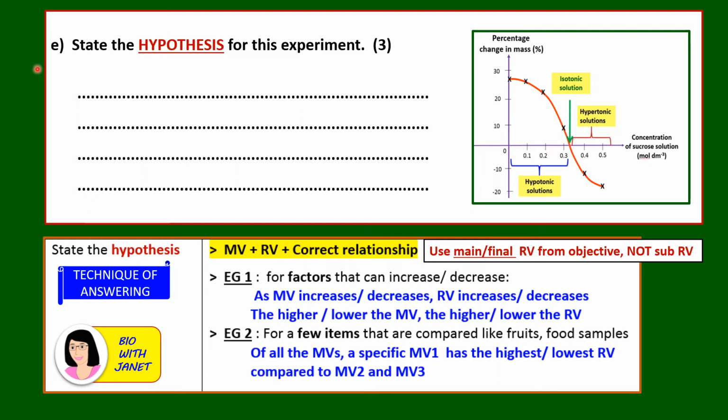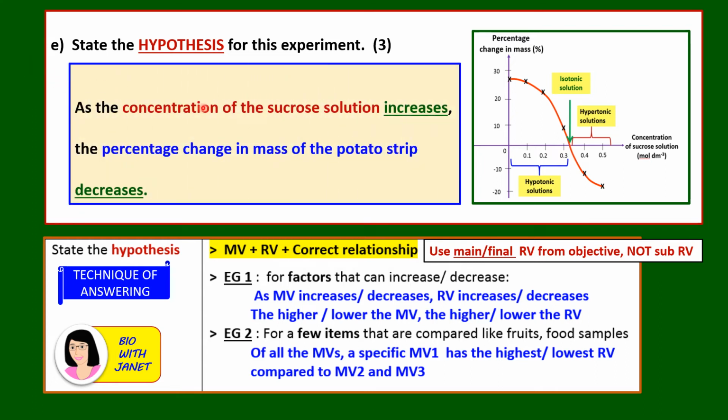Right, let's look at the answer. As the concentration of the sucrose solution increases, the percentage change in mass of the potato strips decreases, right? Now, let's have a look. We can mark the components here. Concentration of the sucrose solution, one tick here, is your MV.